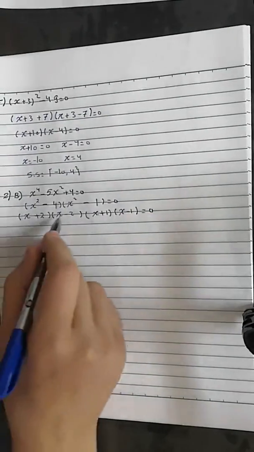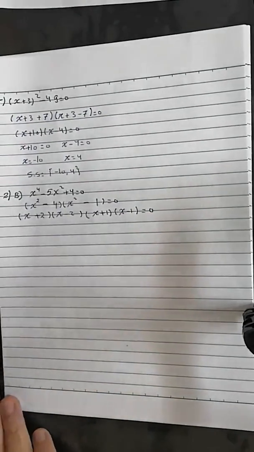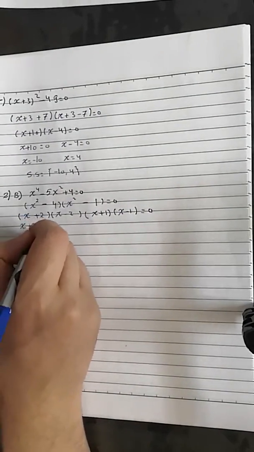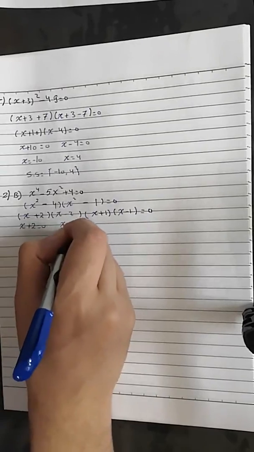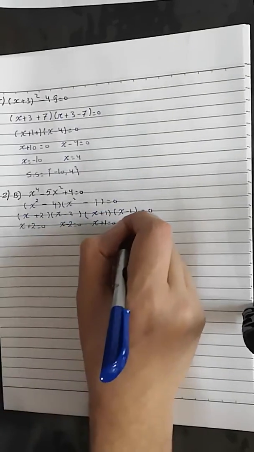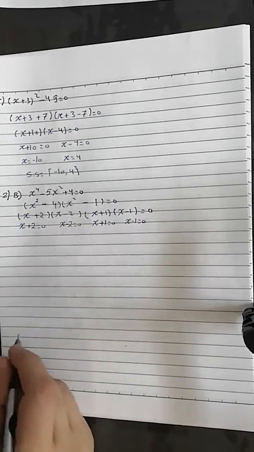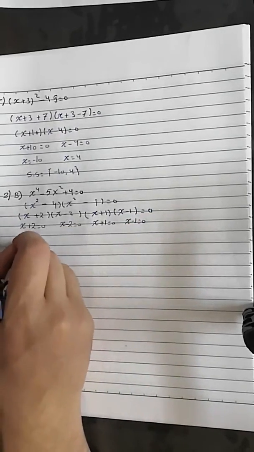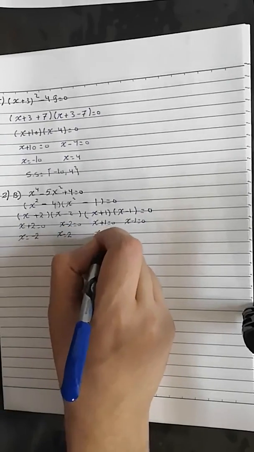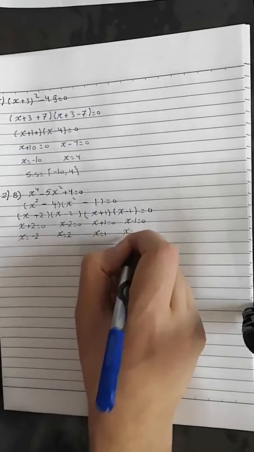Now each term equals 0, so x plus 2 equals 0, x minus 2 equals 0, x plus 1 equals 0, and x minus 1 equals 0. x equal negative 2, x equal 2, x equal negative 1, and x equal 1.